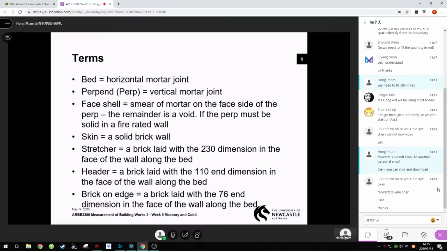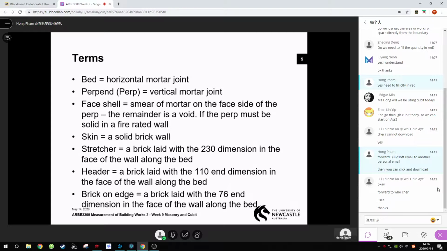Face shell, I think, is actually the structural face of the brick.